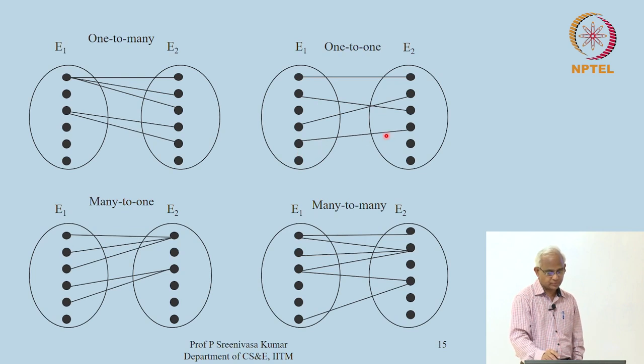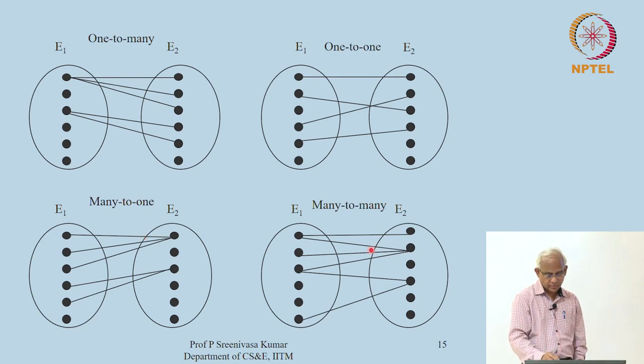Here is 1 to many. Each of these may be associated with many E2 entities, so that is the max. They may not be associated with anybody also. Whereas this E2 entity is associated with at most one E1 entity, and many to one is the reverse situation.